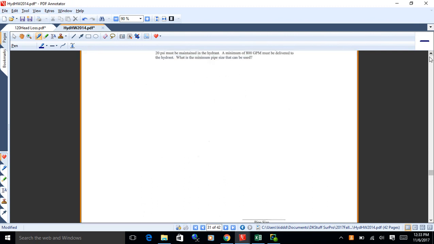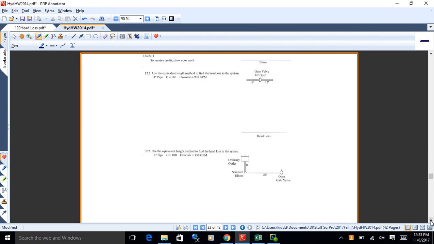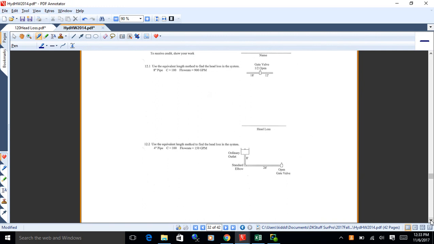There's two problems on the page, 12.1 and 12.2. The one on the top. Why don't you work that out using this method? Should get something on the order of about 3.665.